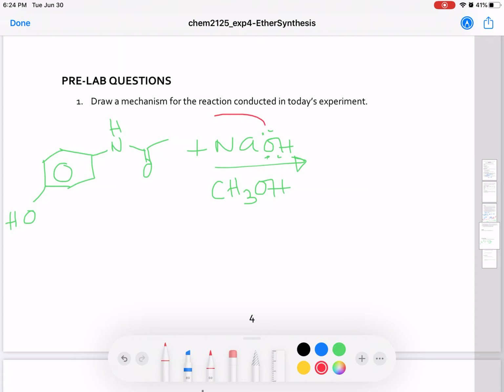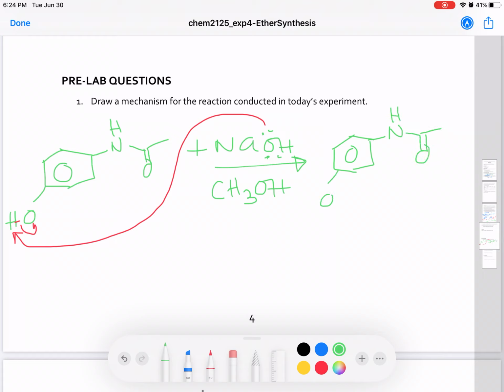It's going to get this hydrogen from the alcohol. The alcohol hydrogen is acidic enough that the base can remove it, and then you're going to be making your alkoxide anion, which is this one, O Na. Sodium would be positively charged and oxygen would be negatively charged: sodium alkoxide.